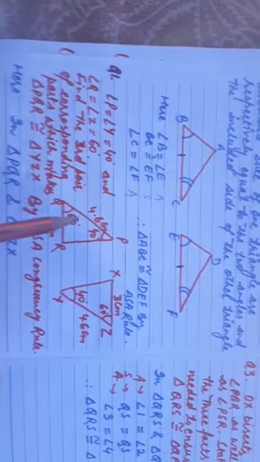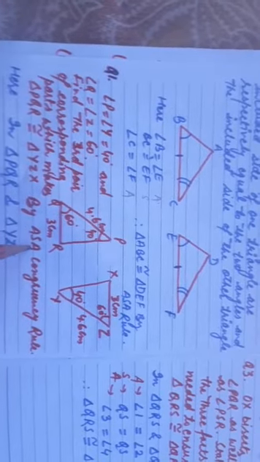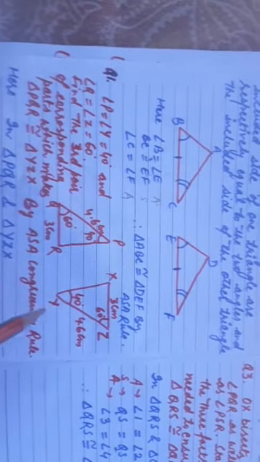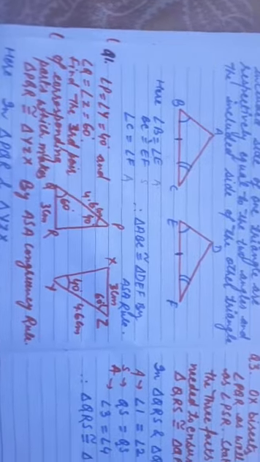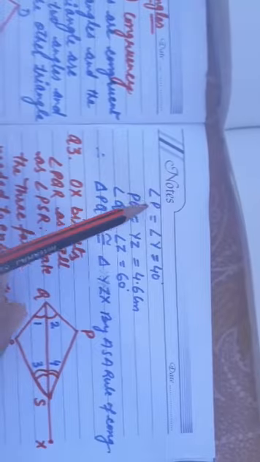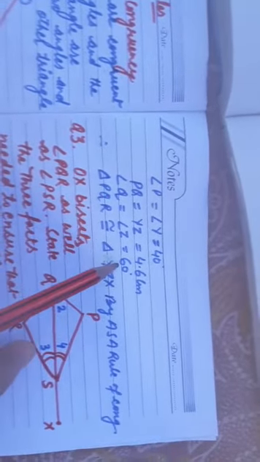So we can say that these two triangles are congruent by the angle side angle criteria if the third pair is the PQ side and the ZY side. These two angles are equal to 40 degrees and these two angles are equal to 60 degrees.